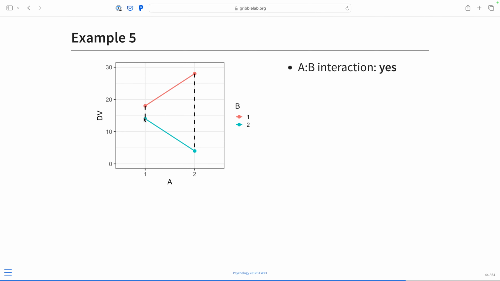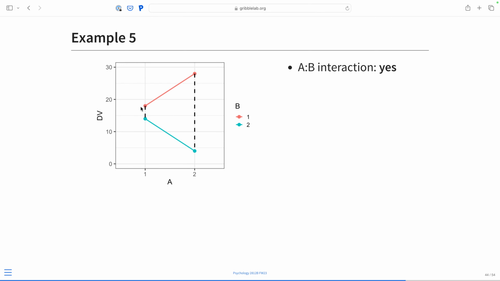The effect of going from placebo to drug, A1 to A2, decreases the dependent variable for females and increases it for males. So you have the opposite effect of A, depending on what level of B you're in. I'll say that again. The effect of A on the dependent variable, going from A1 to A2, is opposite depending on what level of B you're in.